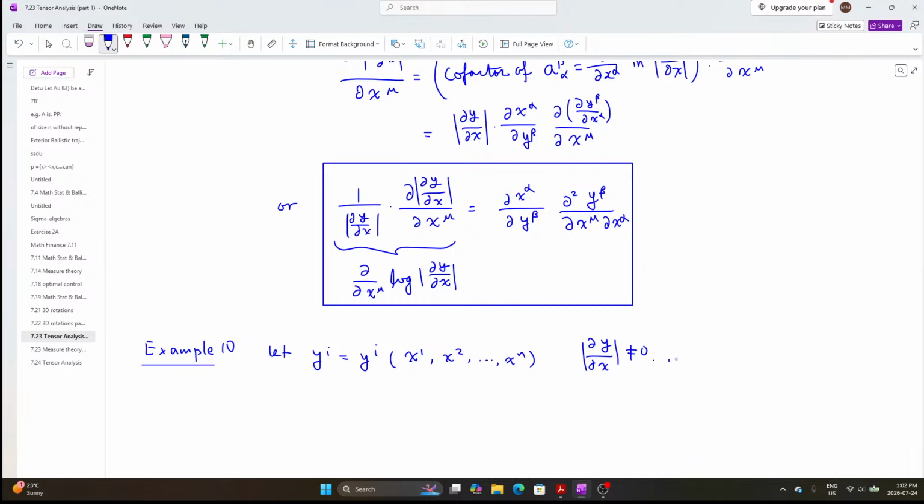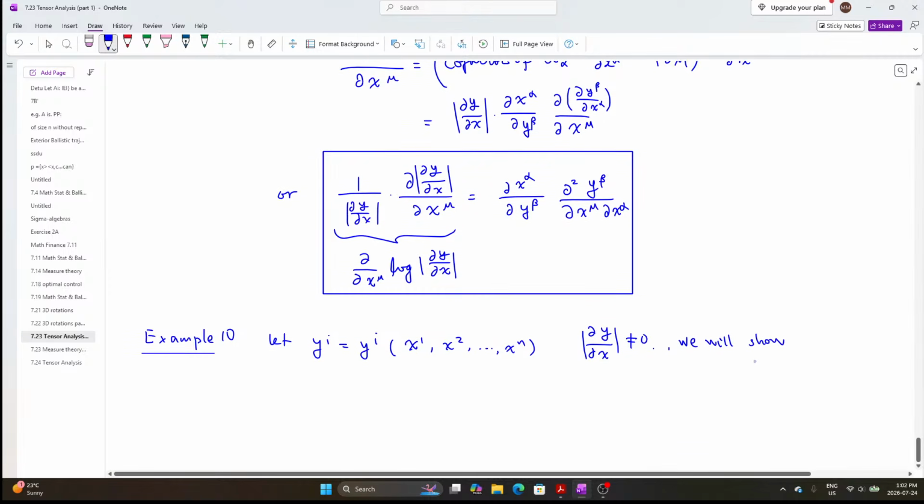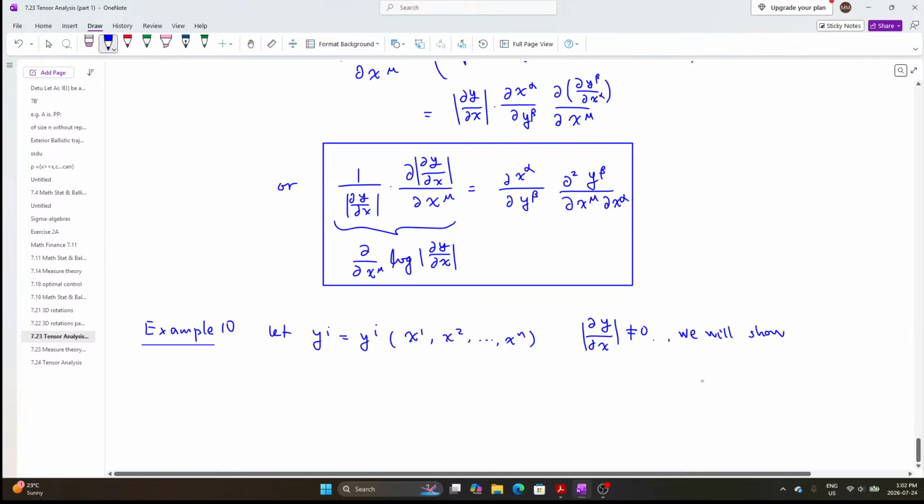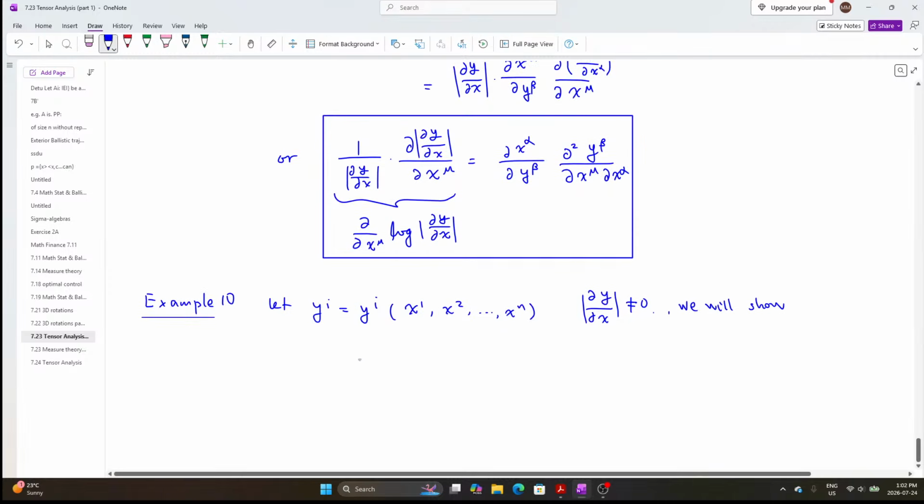We will show the following identity, just the identity in the summation form. This is the formula for the second order derivative of the inverse function.